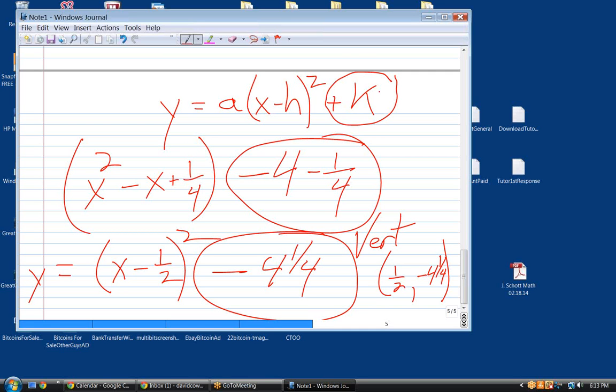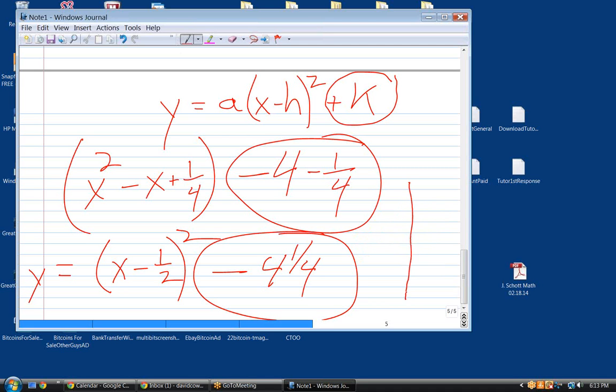And now we know how to graph it because we put it in vertex format. I wouldn't know how to graph it in the format that it was given to me, x squared minus x minus 4. Once I get it in vertex format, it's quite easy to graph. Now the only thing I wouldn't know how to graph would be the x-intercepts.